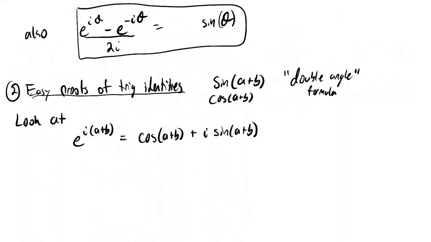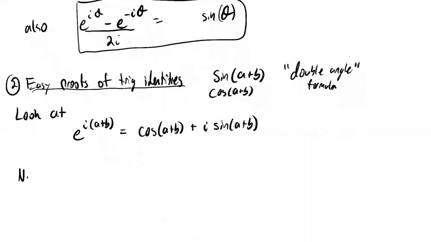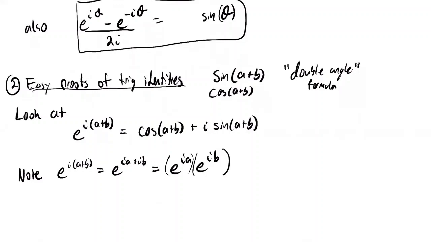On the other hand, since this is an exponential, remember the rules for exponentials say that I can write e to the i(a plus b) as e to the ia plus ib, and I can write this as e to the ia times e to the ib. Well, why are we doing this? I can now use Euler's formula again for each term separately, and I've separated the a and b in cosines and sines, right?